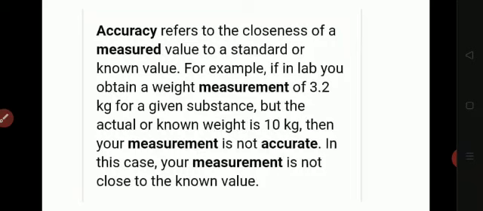If your value is closer to the actual value, then you are maintaining accuracy, then your value is accurate. But if you get only 2 grams instead of 10 grams, then you are not maintaining accuracy, and that is not called accurate. So accuracy means closeness, the nearest value.